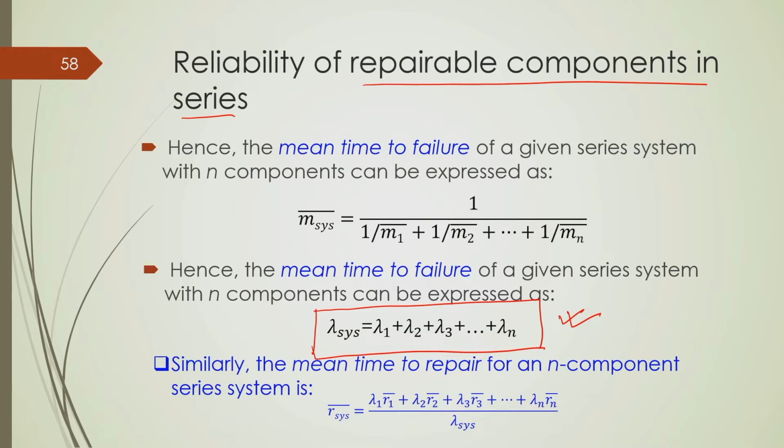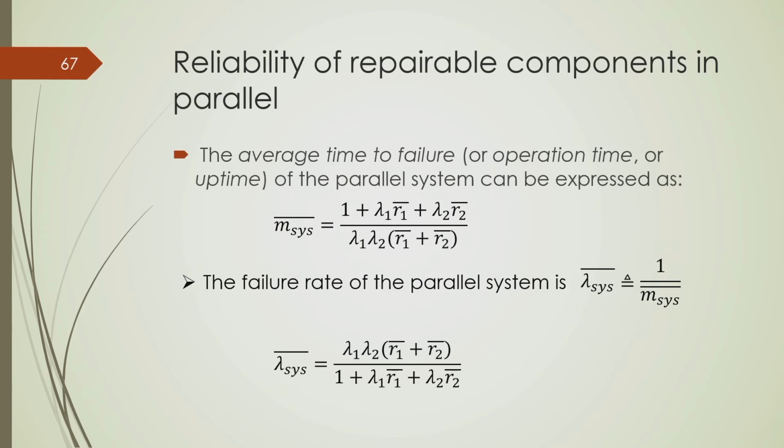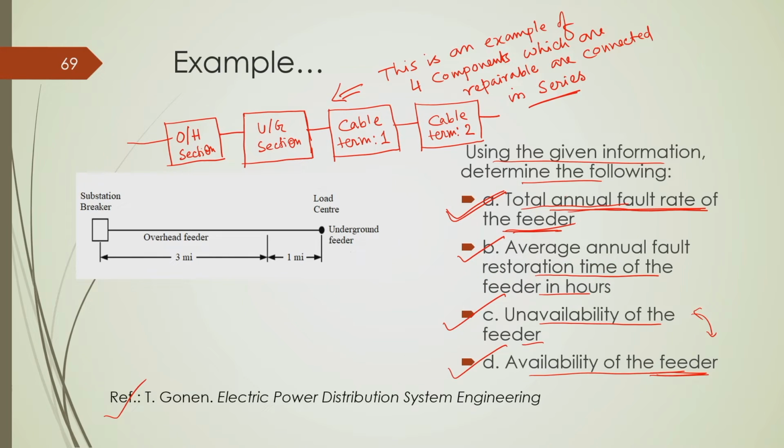Here we have 4 systems, that means n is equal to 4. So, in order to find the answer of the first question, we know that lambda c, that is failure rate of this overall system, or let us write it as failure rate of the feeder, is equal to lambda of the overhead section plus lambda of underground section, plus lambda of first cable termination CT1 and lambda of CT2.